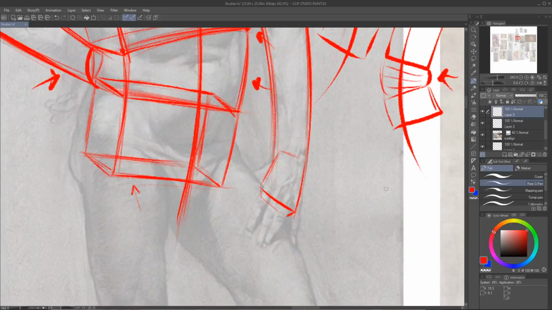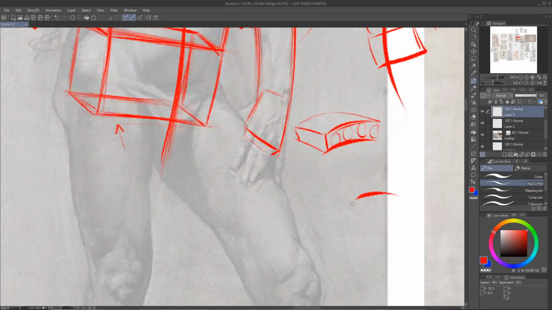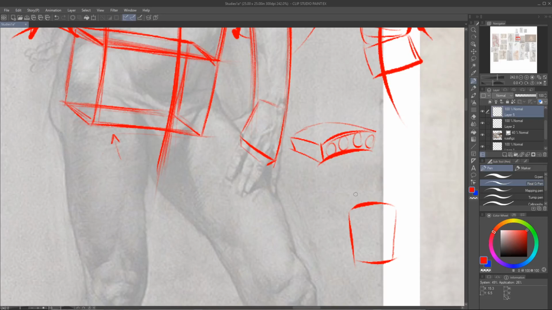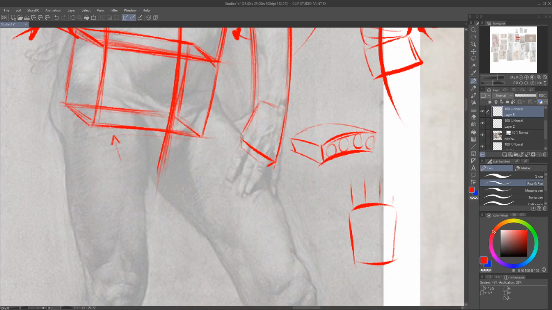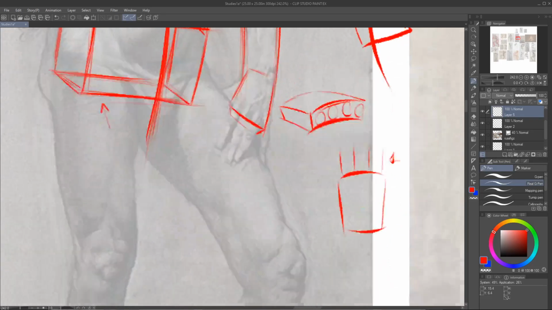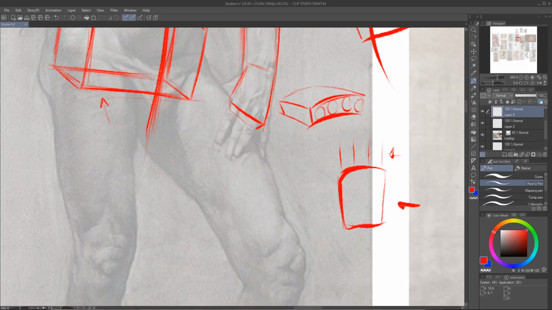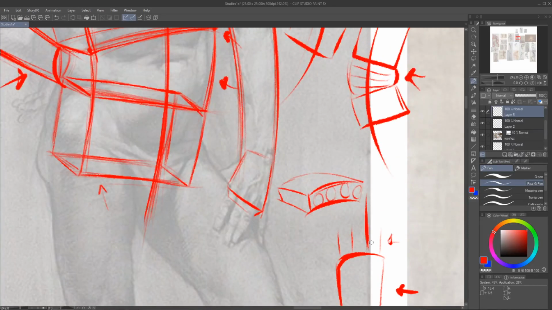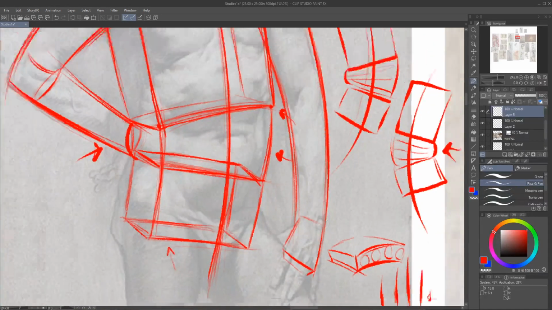A palm is a bendy cube, like this. And here's where the fingers stick out. But this is the palm. We'll go over hands in more detail in a future session.